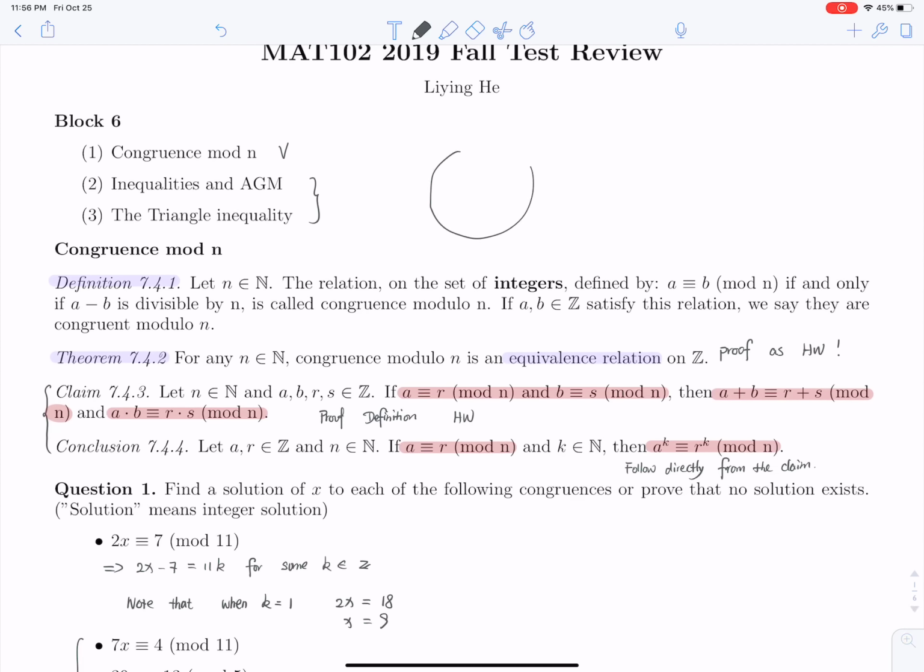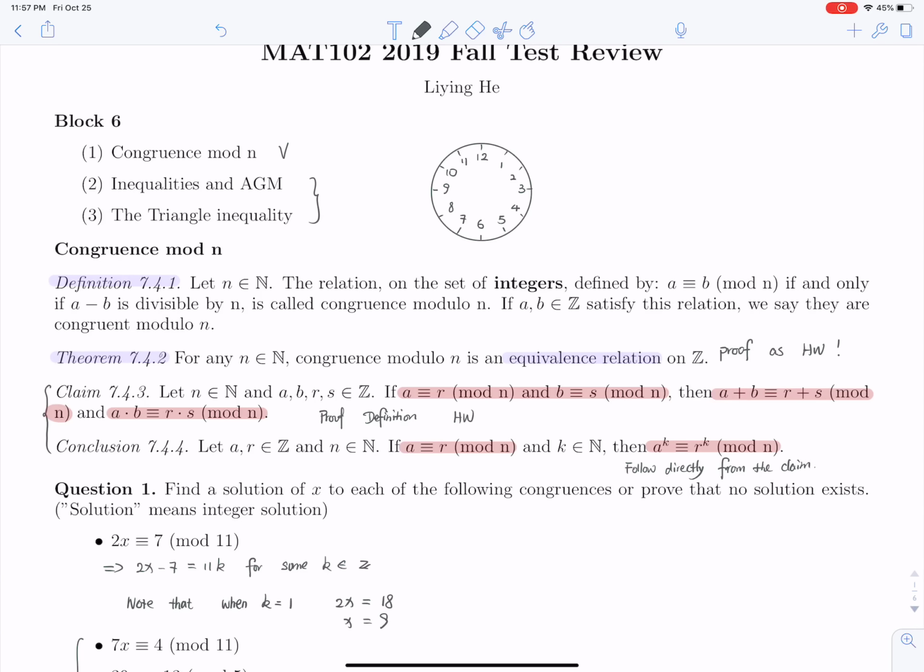Let's see, we have a clock. Okay, just gonna draw a clock here. So that's 3 o'clock, 9 o'clock, 4, 5, 7, 8, 10, 11.